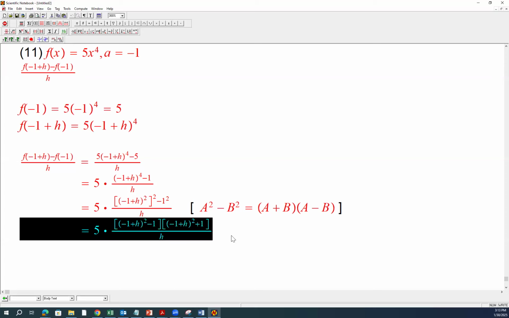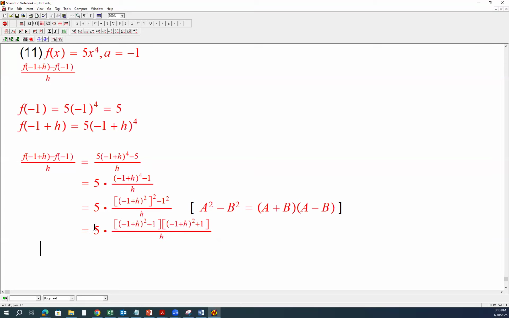By this time, I'm going to work in each bracket, and in each bracket the work will be a little less intensive. -1 plus h squared is just going to equal 1 minus 2h plus h squared. Much less work.